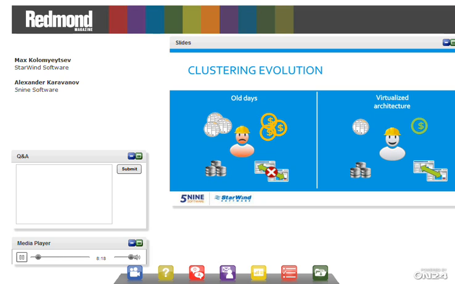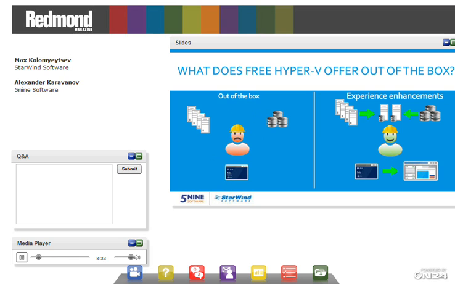That really made virtualized clusters a very convenient and important part of IT infrastructures, and it allows us to achieve very high goals while maintaining the costs at a pretty low level.